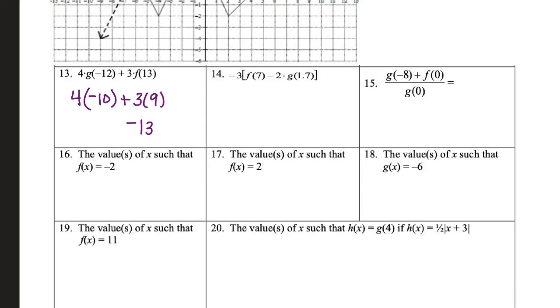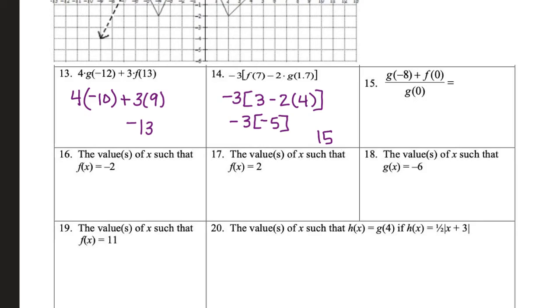Number 14, you're going to have negative 3 times, and inside your brackets, you're going to have 3 minus 2 times 4, I believe. And then that's going to give us negative 3 times 3 minus 8, so negative 5. And so that's going to give you 15.